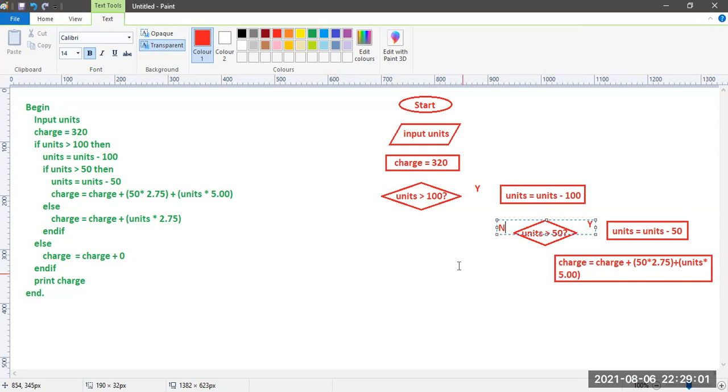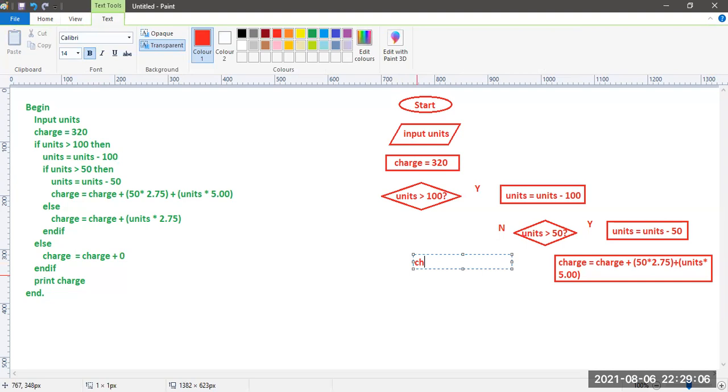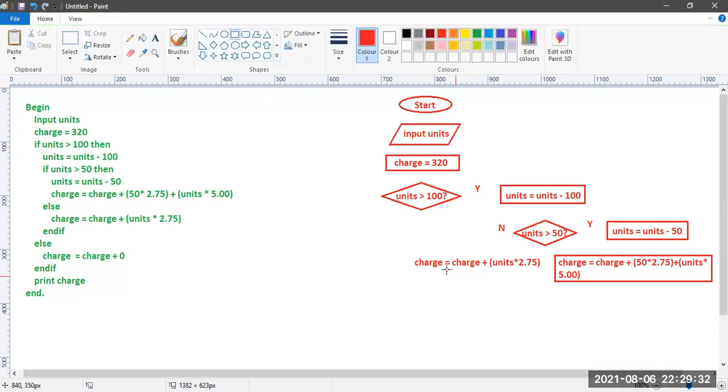So I will put that in a process. And this is what happens when this becomes no. End it.